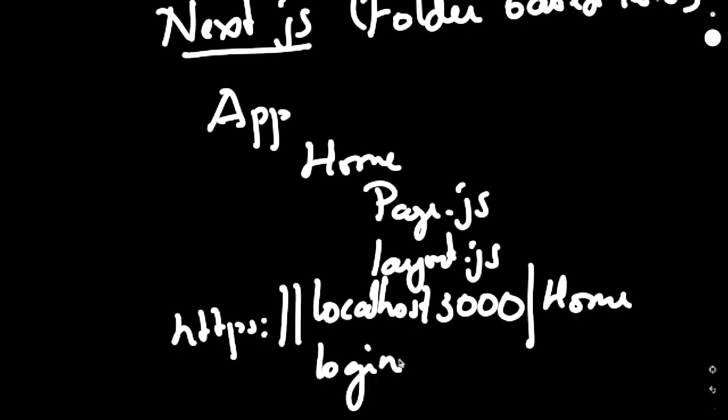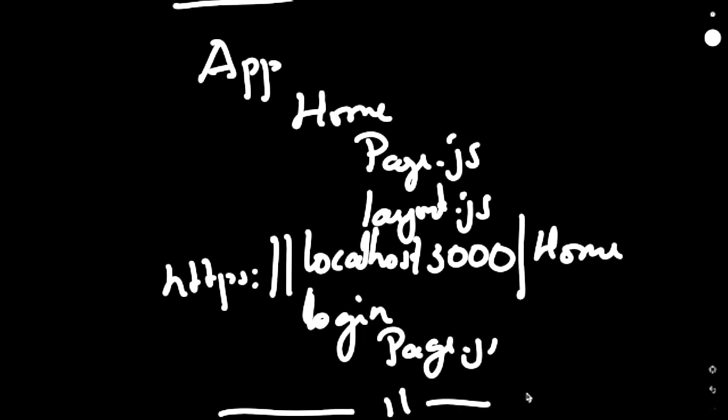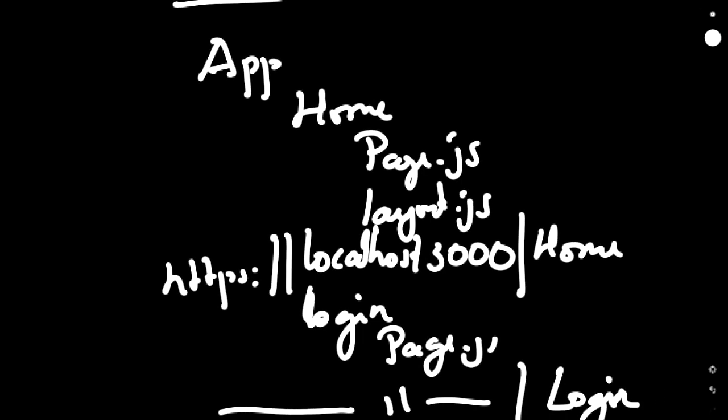Similarly, if you create another folder called login and define a different functionality in page.js and the layout in layout.js, you could access the login page using localhost 3000, or whichever port you are running on, /login.